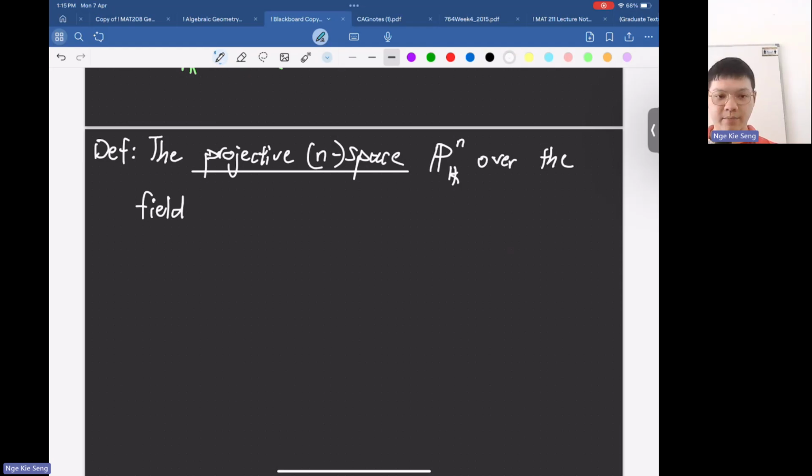So we need to decide what numbers we can pick from the number system. It is a set of equivalence classes. So what do we take the equivalence of here? It's a set of equivalence classes where we take n plus 1 elements over K similarly.